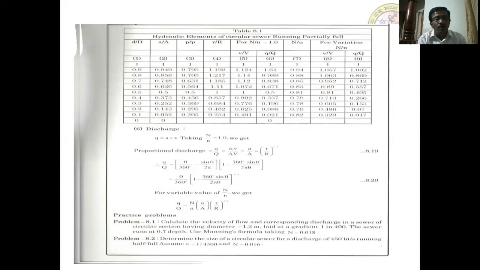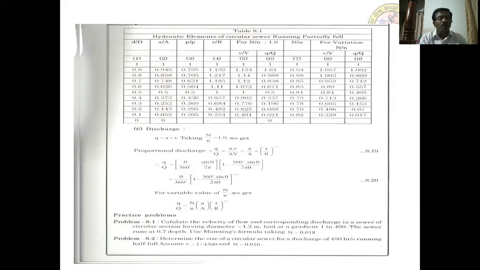For variable values of n by N, it goes on varying: q by Q equals capital N by small n into small a by capital A into small r by capital R to the power of 2 by 3. But we are assuming the value of n is constant throughout the depth. So this table gives the standard values.